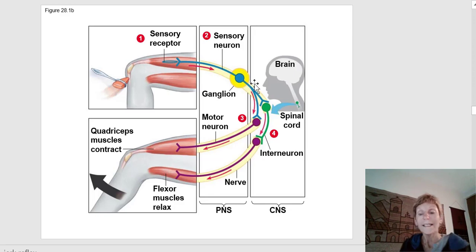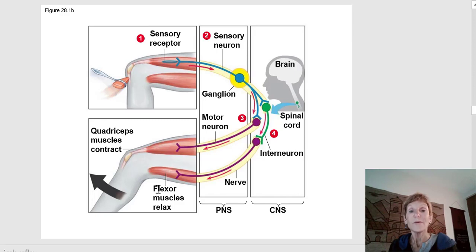Now, what happens then is 2 things happen. The end result is going to be to move this lower leg up. And so this patellar bone is actually attached through tendons to this bone right here. And so you're going to want to contract this muscle, which is the quadriceps muscle, and that's going to move this whole thing up.